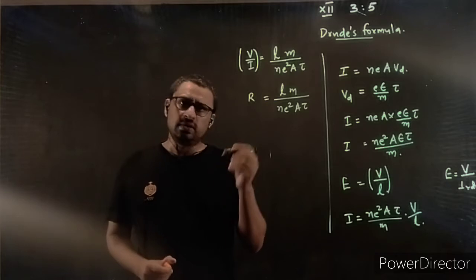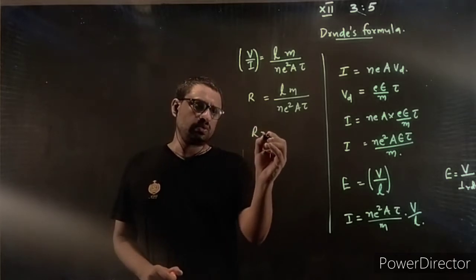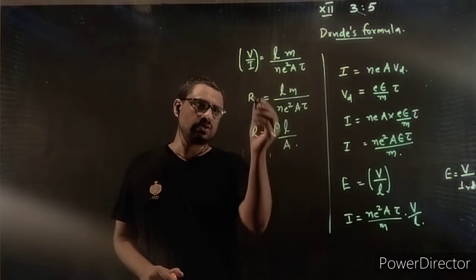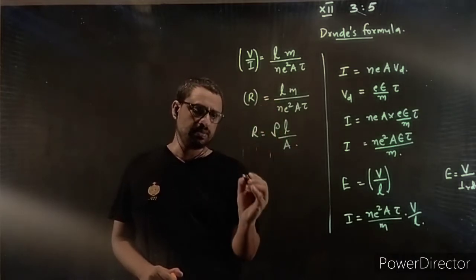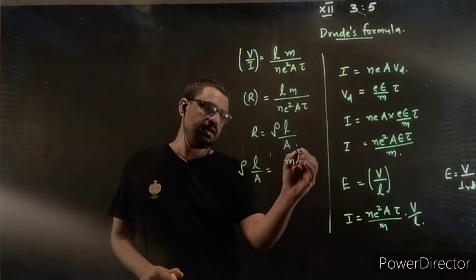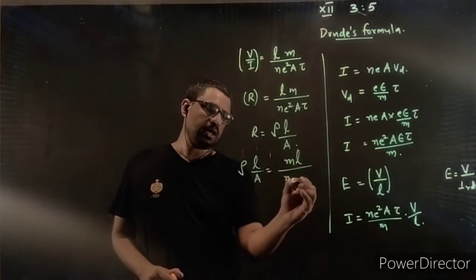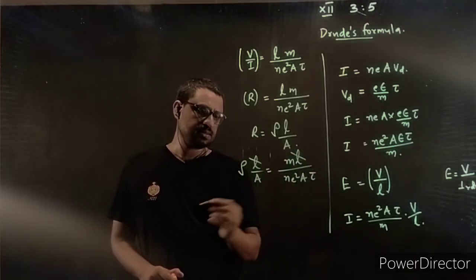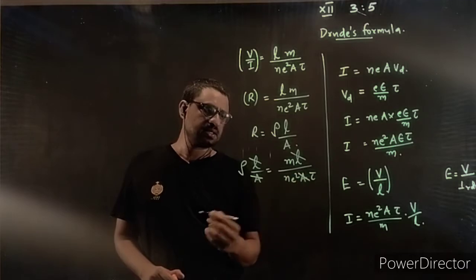And I already gave one example for the equation for resistance, R equal to rho L by A. Now let's substitute this R over here. You are getting rho L by A equal to mL divided by Ne square A tau. Now what happens? L and L cancel, A and A cancel.